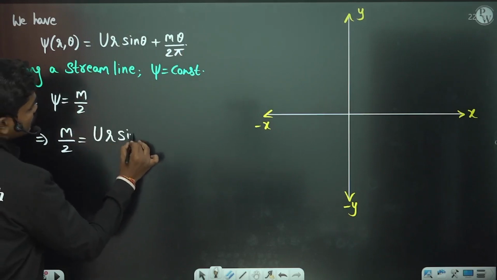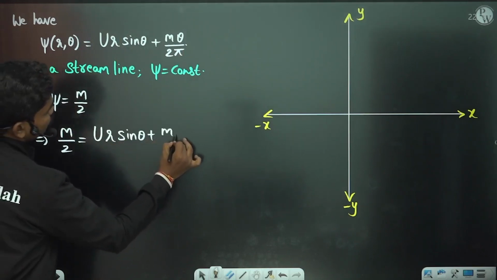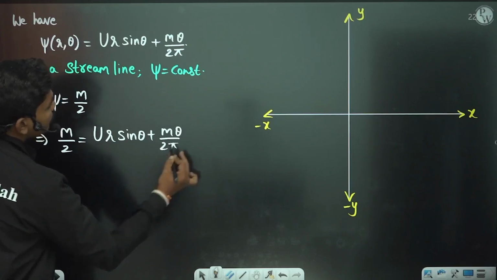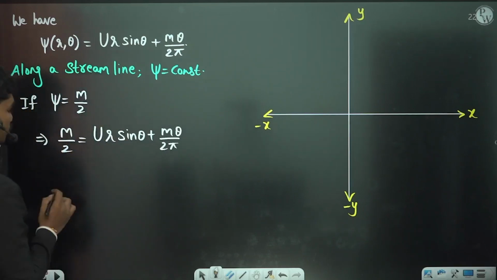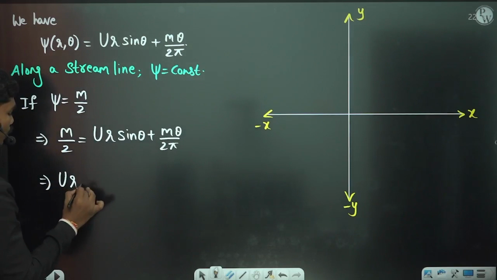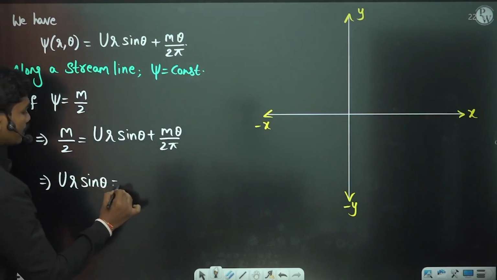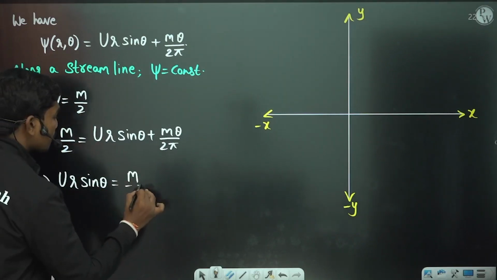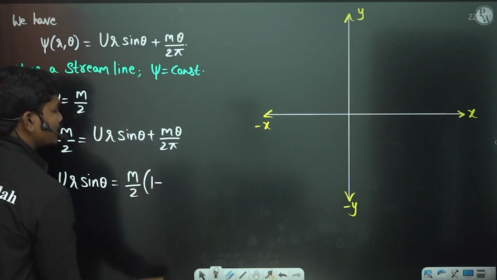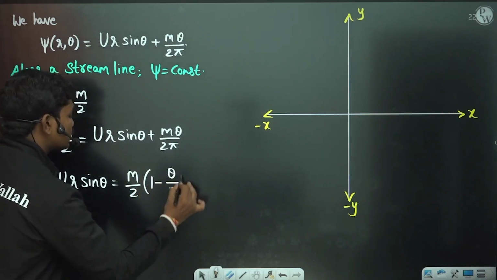r sine theta plus m theta by 2 pi. Okay, so if you write expression for r from this equation, this implies u r sine theta is equal to m by 2 into 1 minus theta by pi actually here. Okay, so this is what you have.